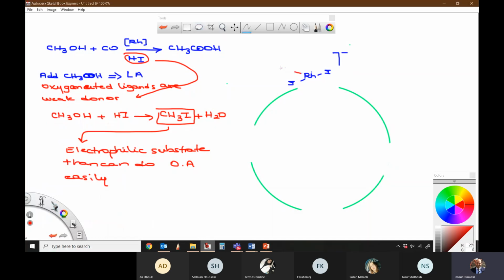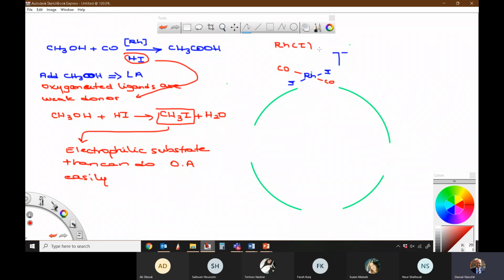So we have CO and we have CO. This is rhodium X minus 2 equal minus 1. So X equals 2 minus 1. This is rhodium 1.